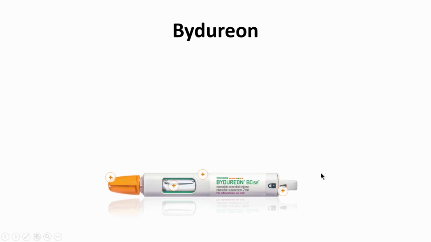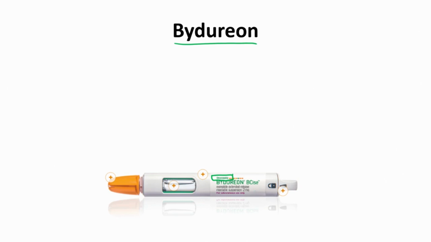Just an example of this which is out in the clinic: here is a product called Bydureon, and let us look at what it is. As you can see from the graph itself, it says once weekly.